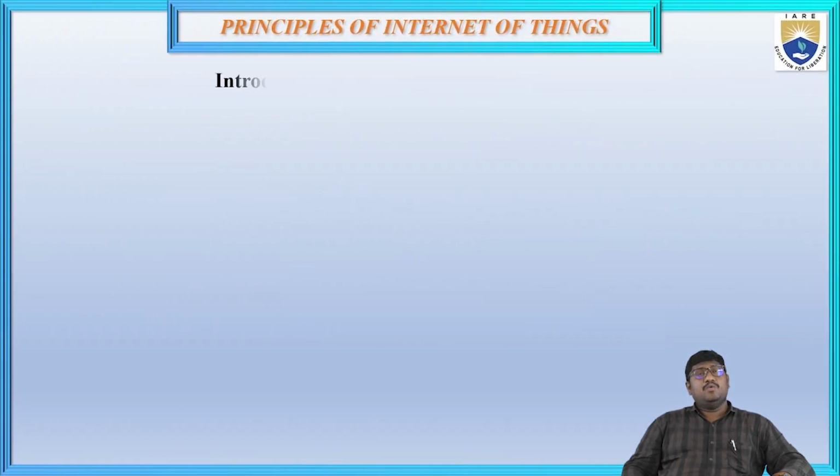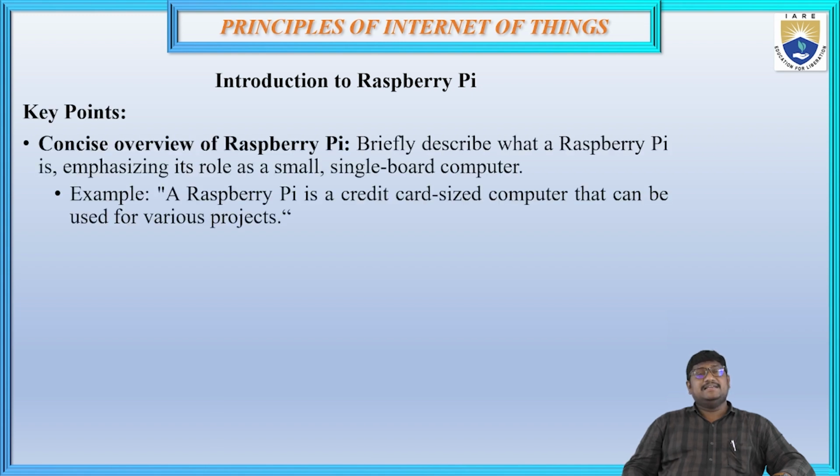Let's have a look at what exactly this Raspberry Pi is and what the key points in this Raspberry Pi are. First, you need to know what exactly this Raspberry Pi is. Here I am going to tell you in brief what Raspberry Pi is and how much it emphasizes its role as a small, single-board computer.